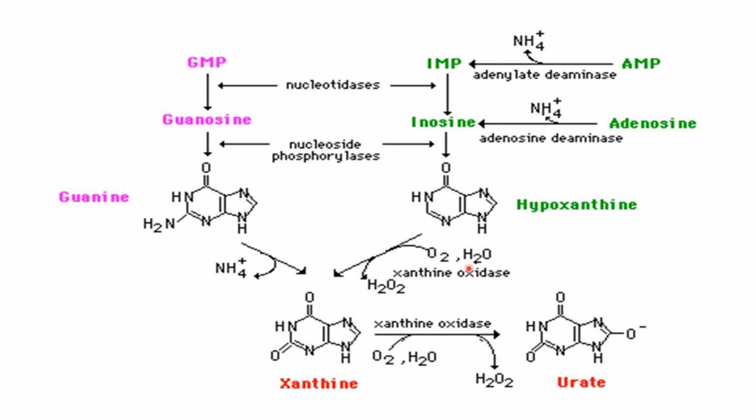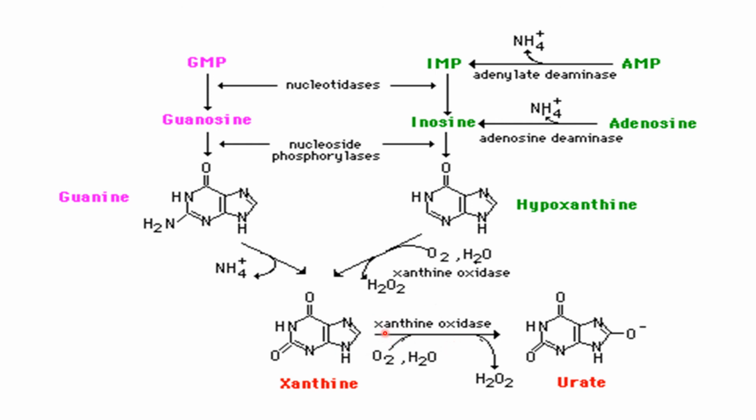Then the enzyme xanthine oxidase, which is a monooxygenase, converts oxygen and water into H2O2 and converts hypoxanthine to xanthine. Guanine is also degraded into xanthine, and AMP is also degraded to xanthine.